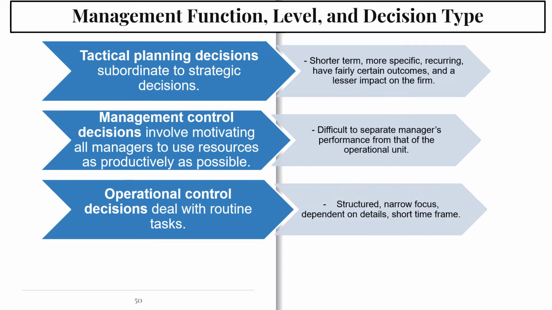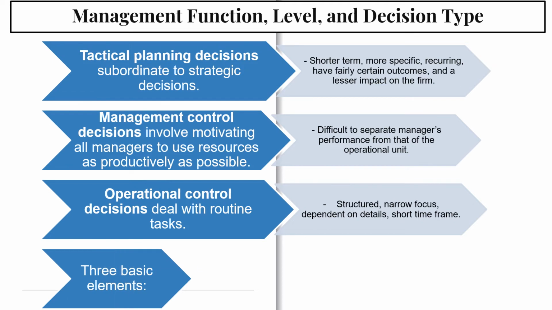It is a structured decision. It has a narrow focus on operations, depends on details, and has a short-term time frame, meaning that it's based on a daily basis. There are three basic elements for the operational control decisions.